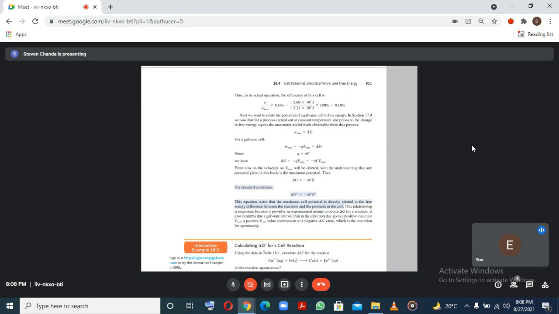Then tell us, is the reaction spontaneous? What they basically want you to find is whether your value for the change in free energy is negative. If it's negative, it means that this reaction is spontaneous. That makes sense, right?